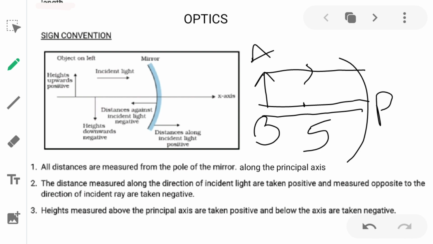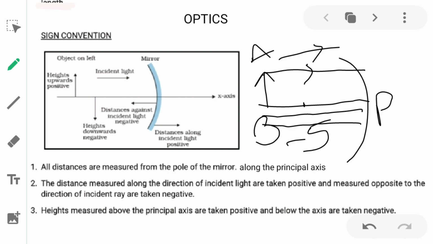So object distance, how you are measuring? From the pole to the object, which is towards the left, which is opposite to the incident ray, so your object distance becomes negative, -5. So the object is at a distance of 5 centimeter from the pole.